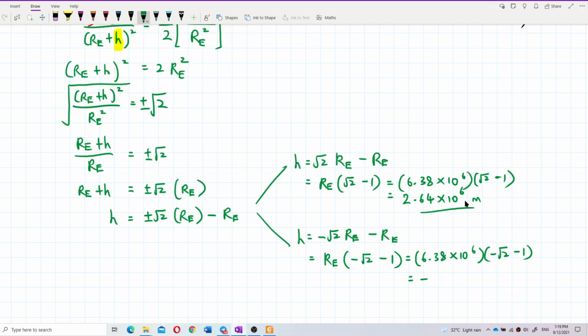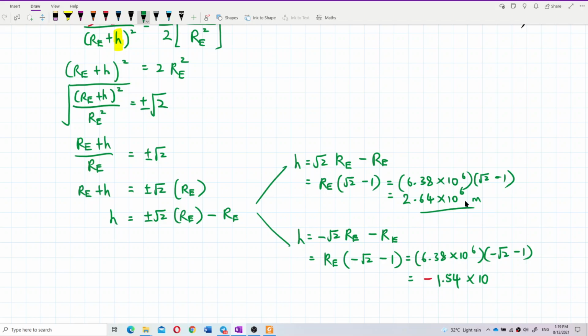This one we get H equal to negative. My God, this one got negative value. So this one can be ignored because it's not possible to have height negative. Height negative means what? Means sink into the ground. So this one can be ignored because it's negative value.